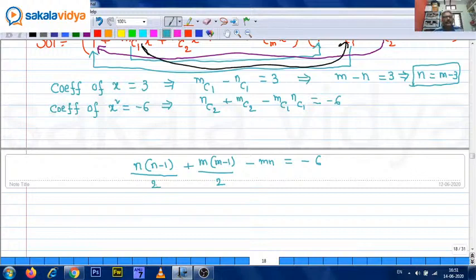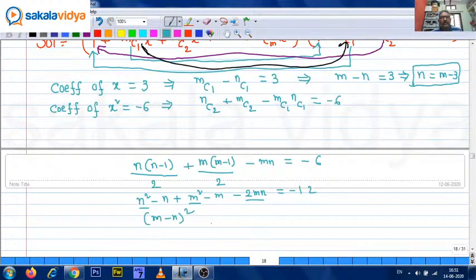Multiply with 2, you get n square minus n plus m square minus m minus 2mn equals minus 12. So m square plus n square minus 2mn we can write as m minus n whole square.